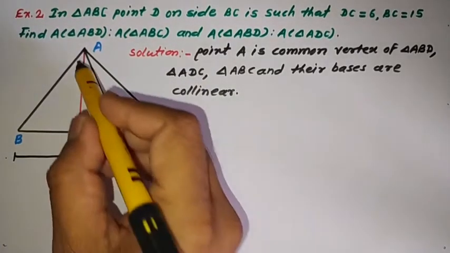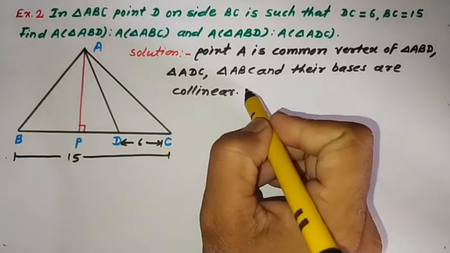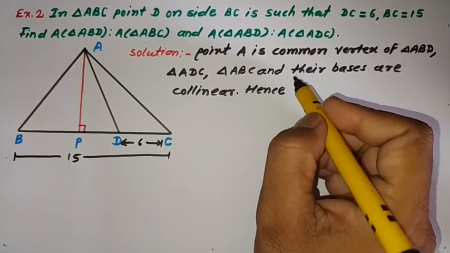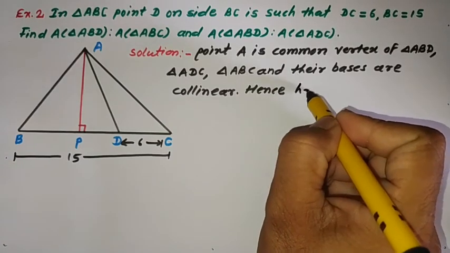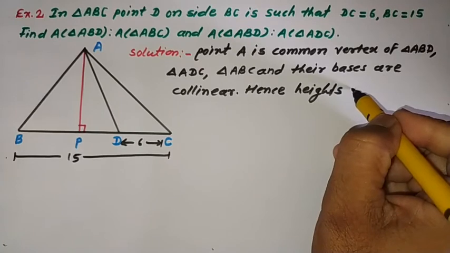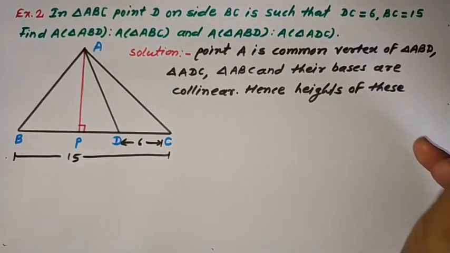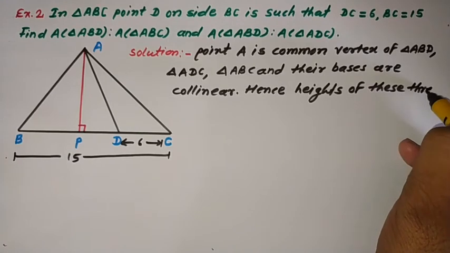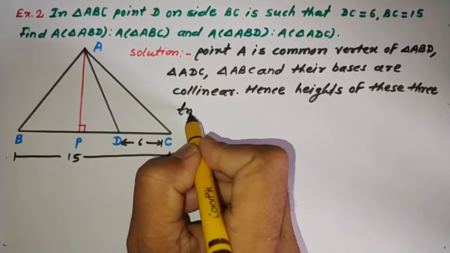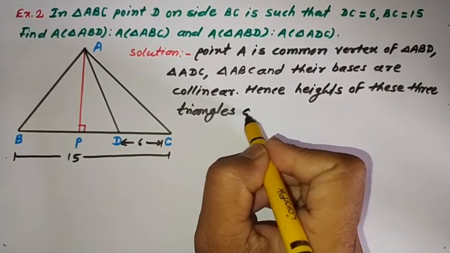Hence, the heights of these three triangles are equal.